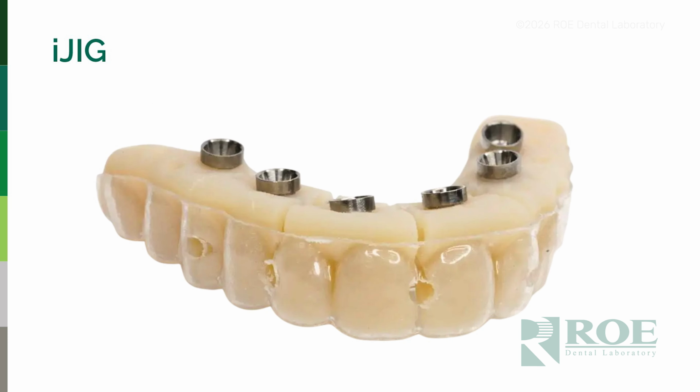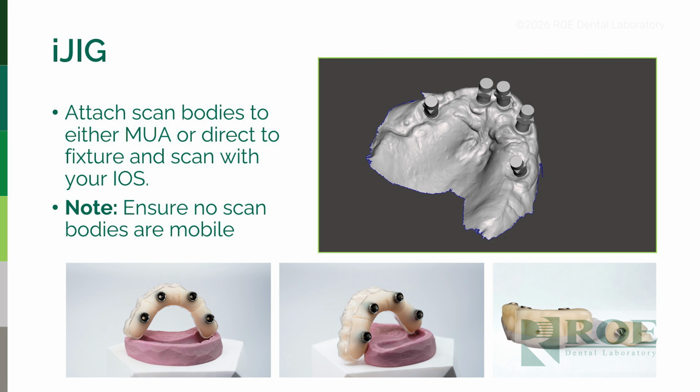The final option is iJig. iJig is where we're going to create a sectioned verification jig. If you're doing this iJig workflow, all we need you to use is the normal MUA scan bodies of the implant system that you're using. These are generally vertical scan bodies.